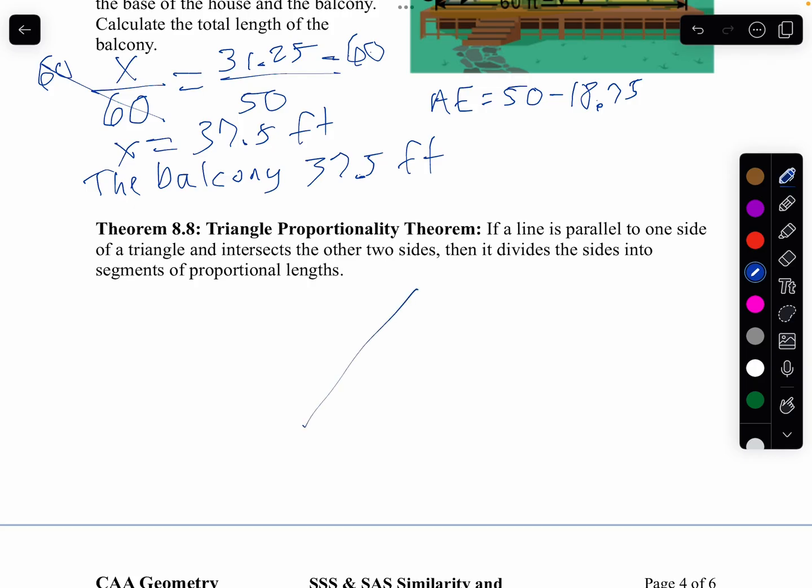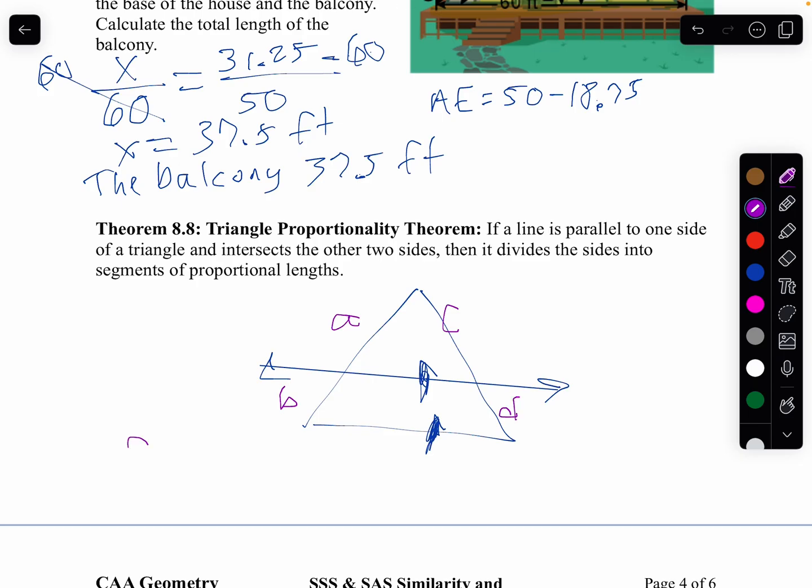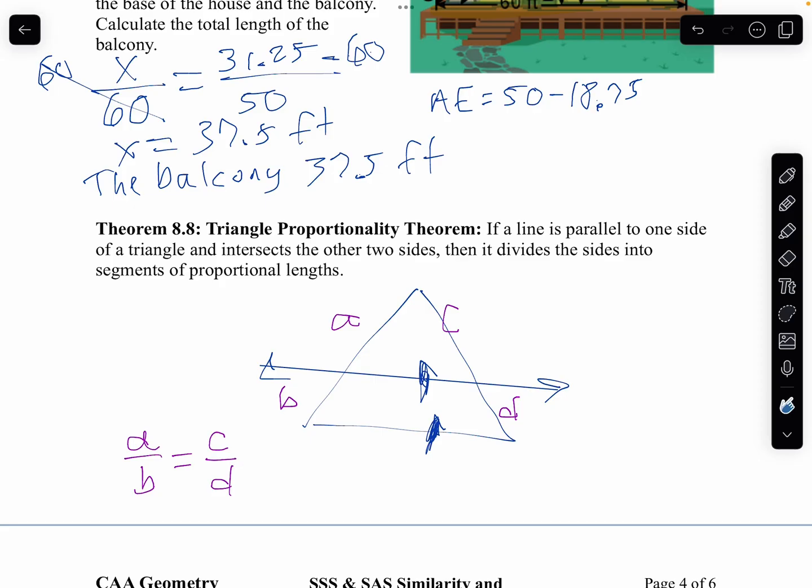If I have a triangle and I draw a line parallel to my side, we're going to say these two lines are parallel. I don't have to know big triangle and little triangle. Let's call this top A, and this B, and this C, and that D. So I could say A is to B as C is to D.